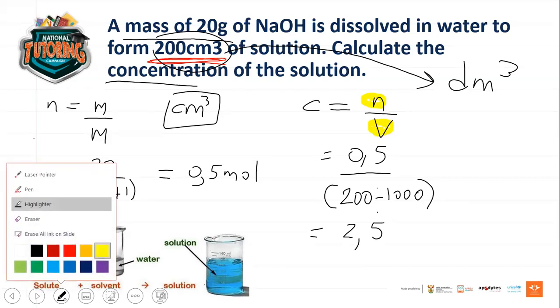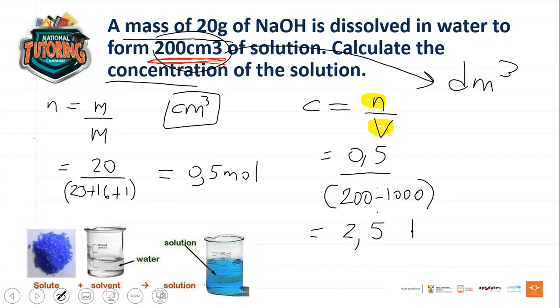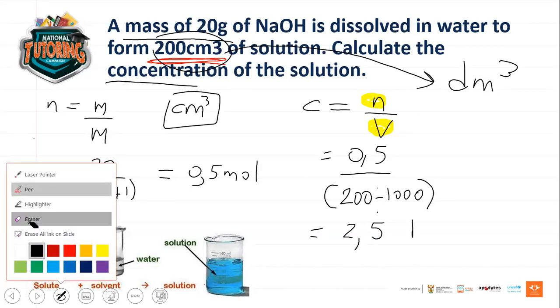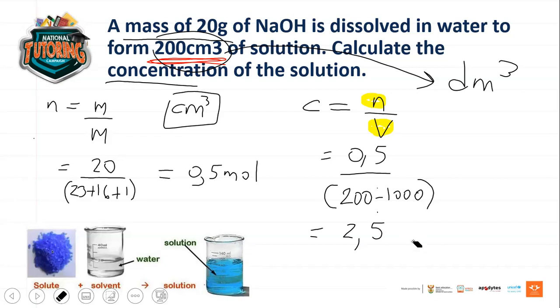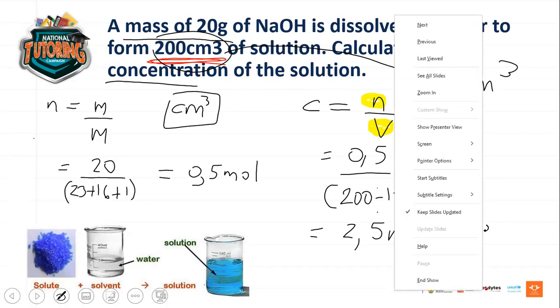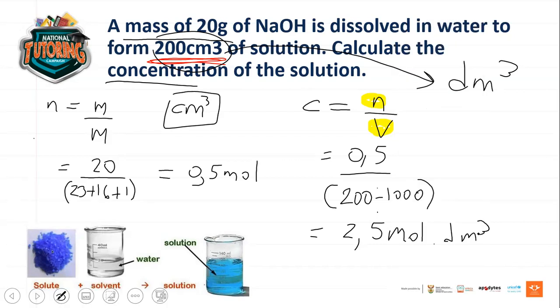So the unit for concentration is moles per decimeter cubed. Sorry, that 3 looks a bit funny there, and that should be a -3 because it's per.